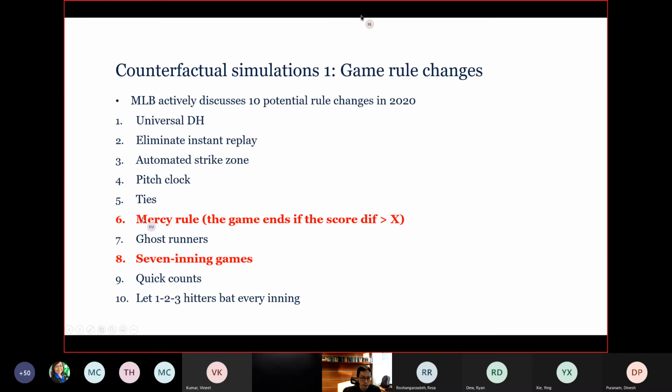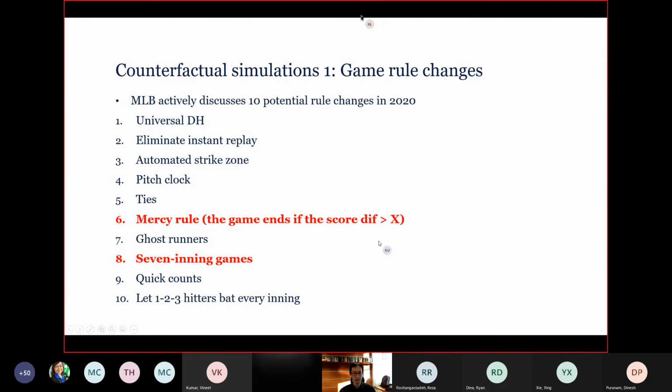One is the mercy rule, because under this rule, the game is going to end if one team outscores the other team by, I think, 5 points at the end of the 7th inning. And another rule change we're going to implement is shortening the game from 9 innings to 7 innings.